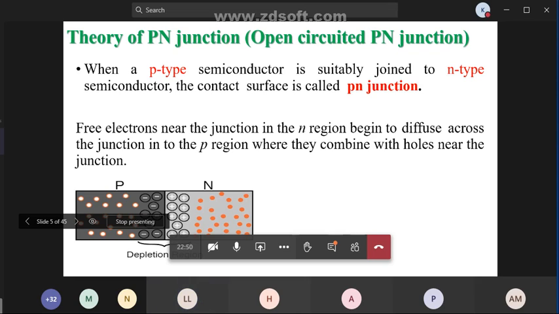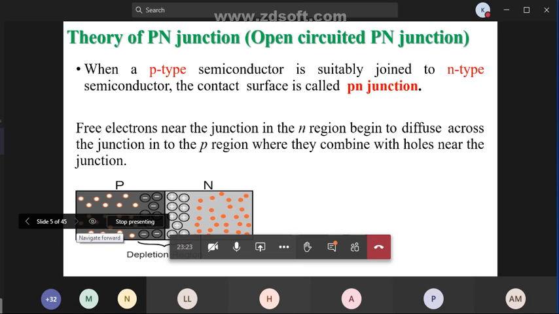So it is an open circuited p-n junction. When you join these two p-type and n-type materials, the electrons in the n region are ready to combine with the holes in the p region. In the same way, the holes in the p region are ready to combine with the electrons in the n region. Here the holes will combine with the electrons and the electrons will combine with the holes, right?